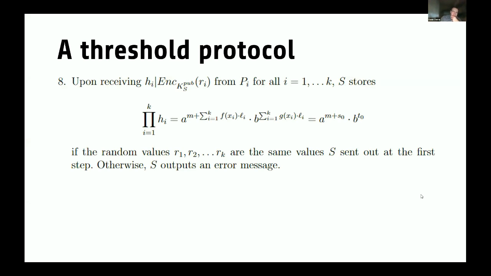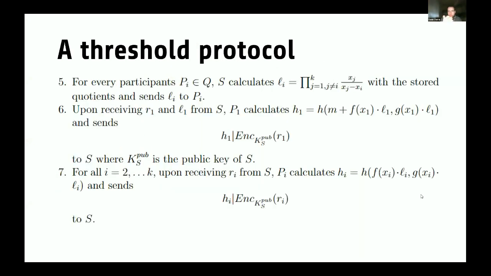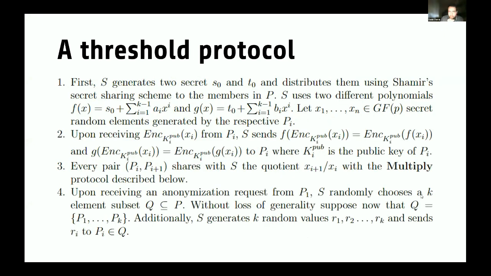Another tricky part I have to mention is the multiplication. If we go back one step earlier, the participant P sub i has to know the quotient one more step earlier. So in step 3, the participants P sub i and P sub i plus 1 have to know the quotient of x sub i plus 1 over x sub i.